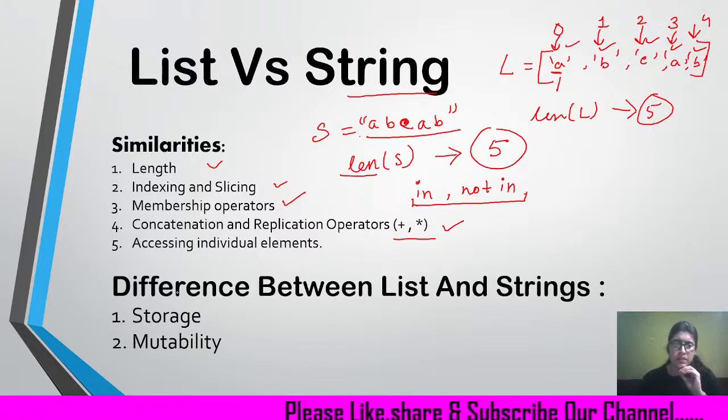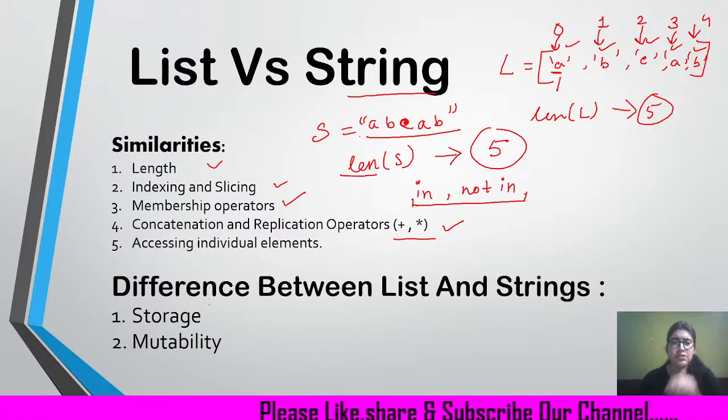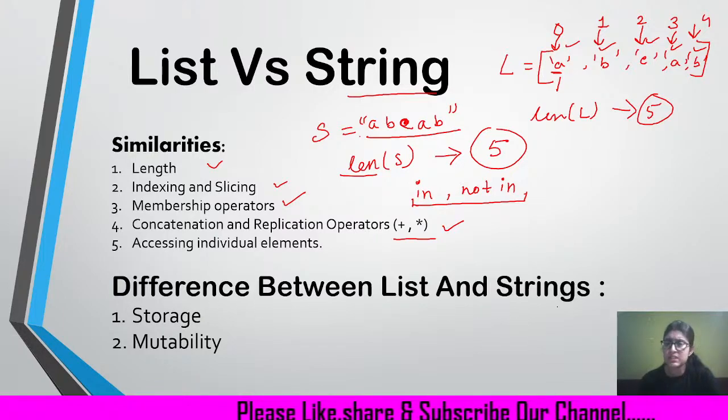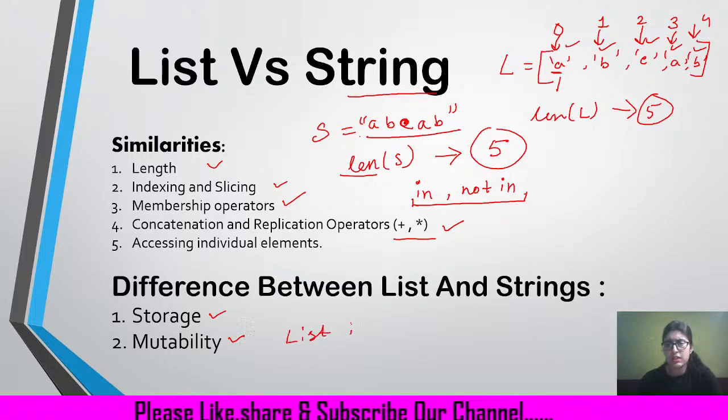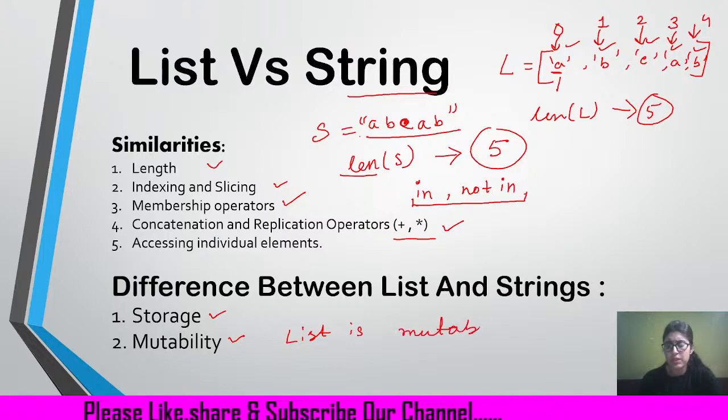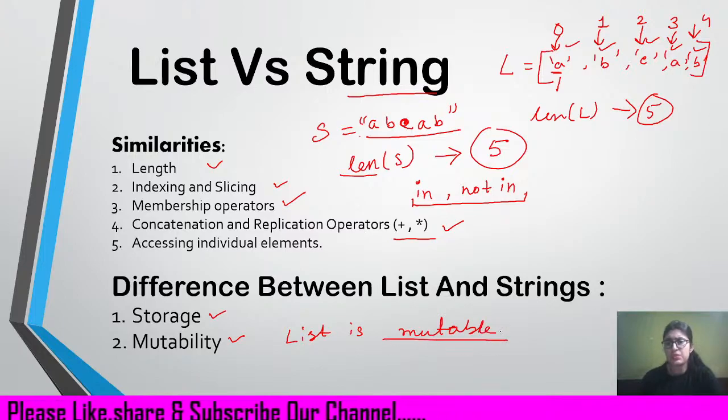Okay. Now the next one is the difference between list and string. What is the main difference? That is storage and mutability. See, a list is mutable. What is mutable?